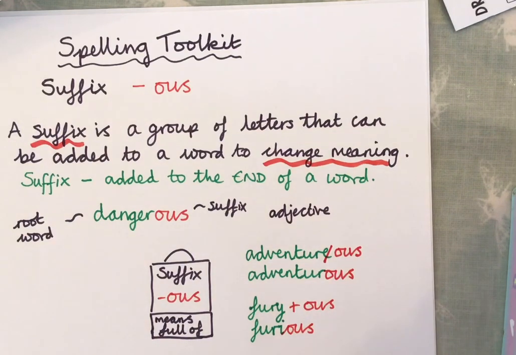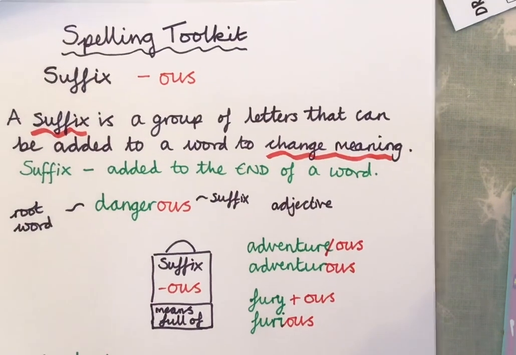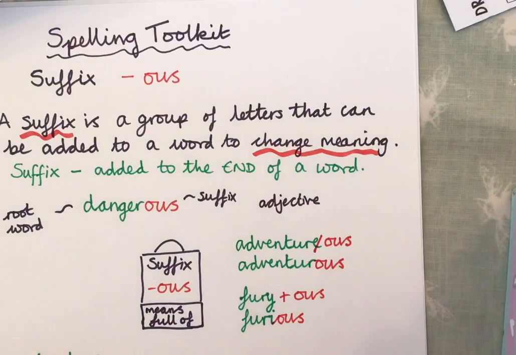Another rule that we have is for when your word ends with O-U-R. So here's a root word, humour, and that's how it's spelled. But if I wanted to add O-U-S on the end, I would need to do something.